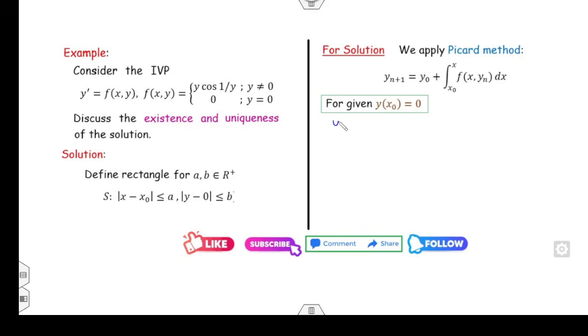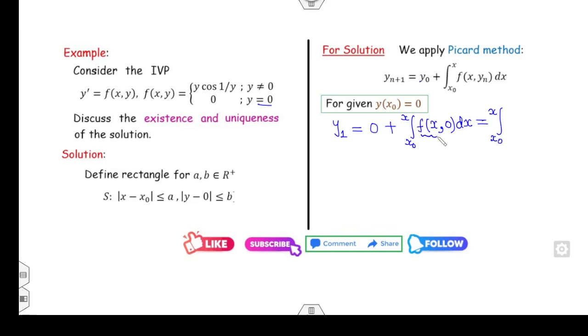So can you find the first solution? Whenever n is 1, y naught is my 0 plus integration from, sorry, x naught is not given to us. That number is my x naught, of f of x comma y0. Y0 will be my 0. Fine. So can you find the answer? 0 integration from x naught to x.